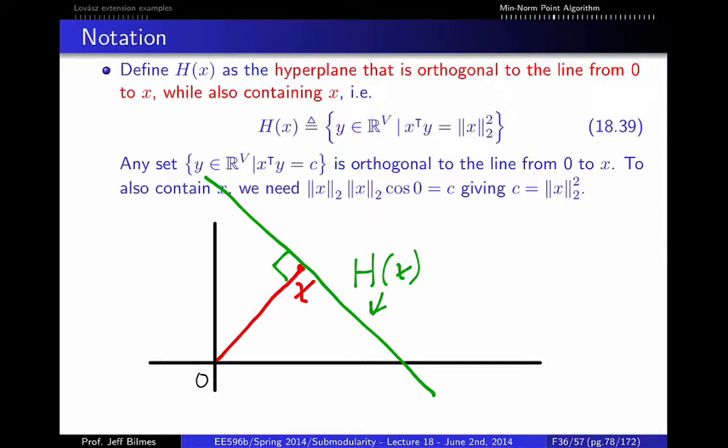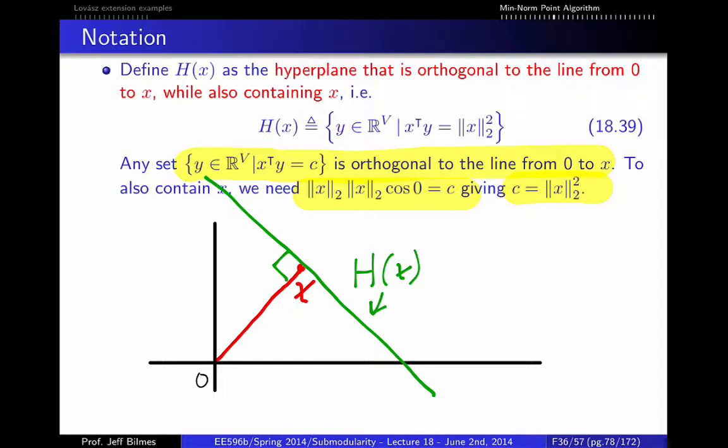And you can see it, I mean, it's a very simple thing. Any set y such that x transpose times y is equal to c is orthogonal to the line. But if we just want it to also contain x, we need to have this be true, which is basically just saying that it puts a constraint on c to be equal to the norm squared. Okay.